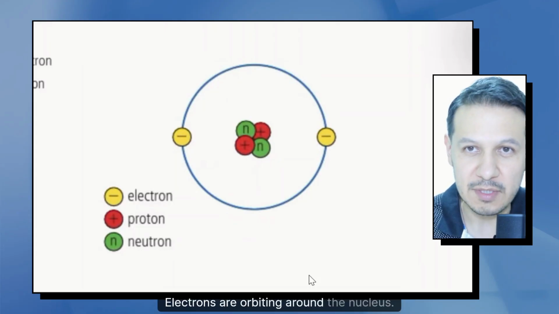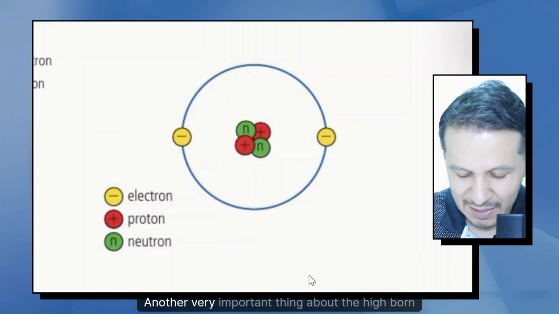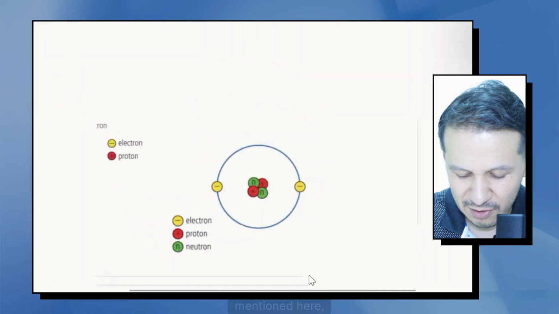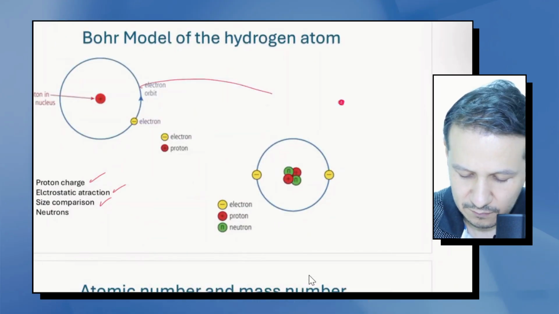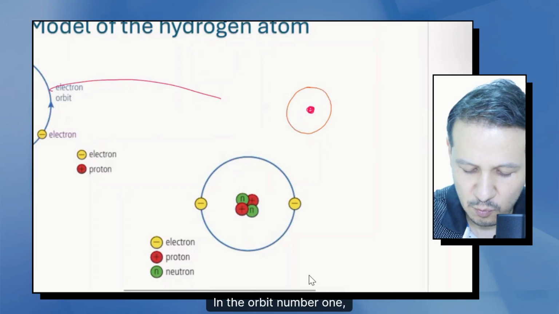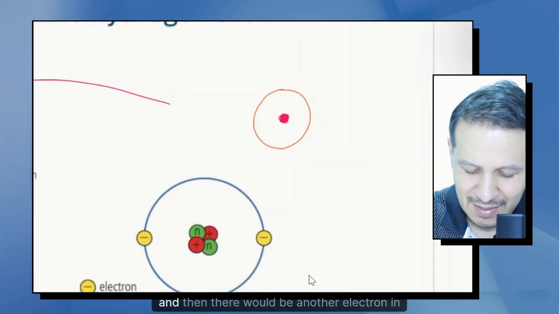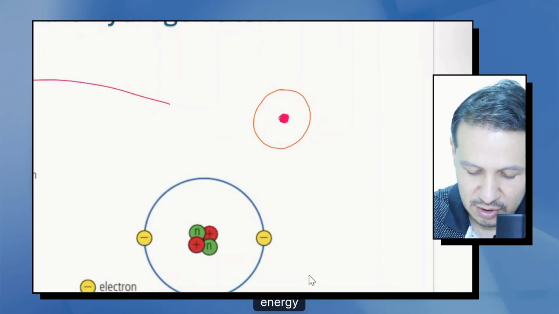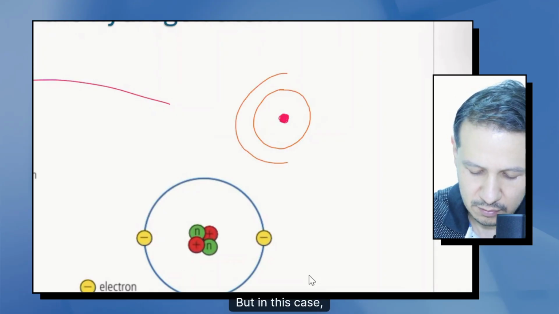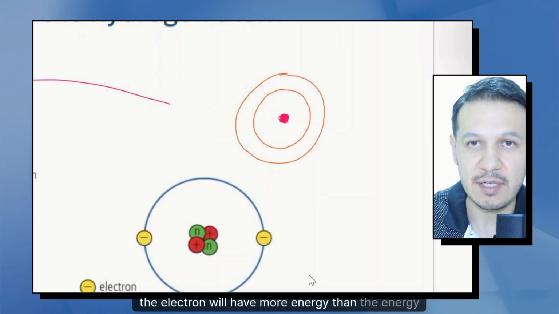Electrons are orbiting around the nucleus. Another very important thing about the Bohr hydrogen atom is that it depends on the energy. There is an electron in orbit number one, and then another electron in another energy level, which will have more energy than the first.